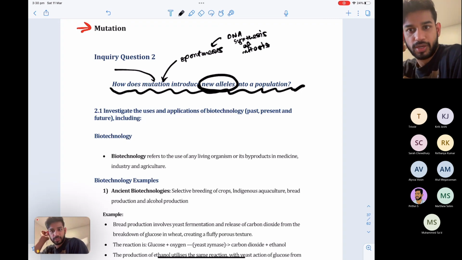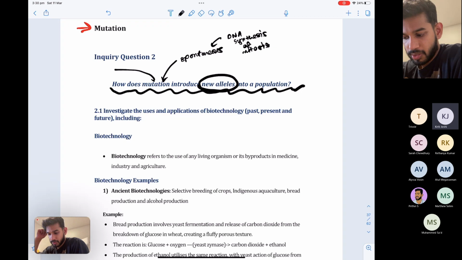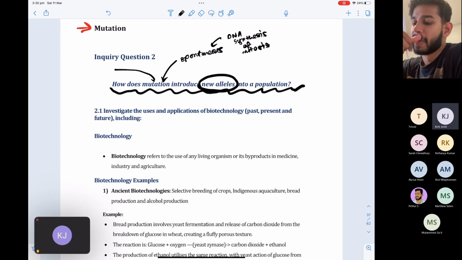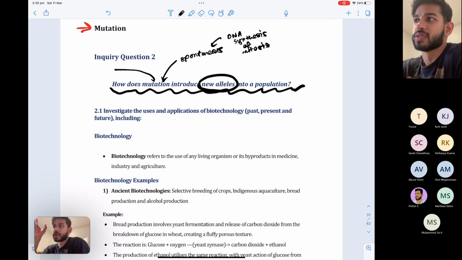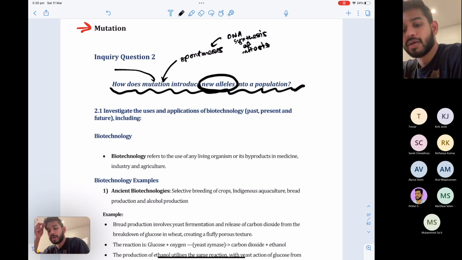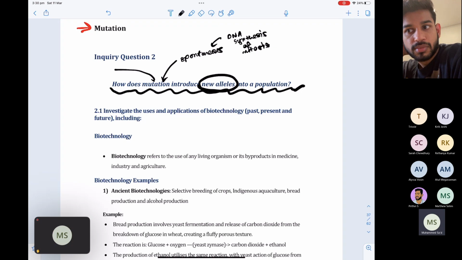Quite a simple question. Let's go to Kriti. How else can mutations arise, Kriti? The change in the base sequence of DNA. Yeah, that's what a mutation is. But remember, we're talking about causes. What causes that? Or about the environment.